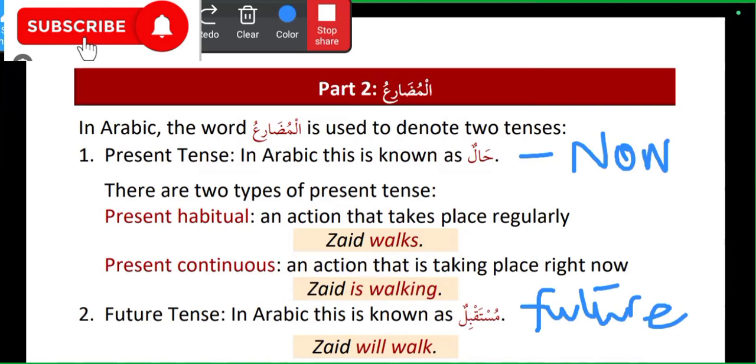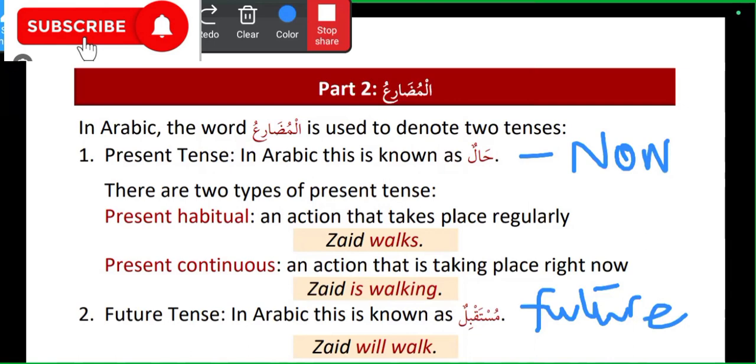So in Arabic, we have two tenses actually, the fail madi and fail mudari. And then when we use a fail mudari, that word of fail mudari can mean any one of these three. Either it is Zaid walks, or it is Zaid walking, or it is Zaid will walk. So one word can be translated in three different translations, and that will be according to the context.